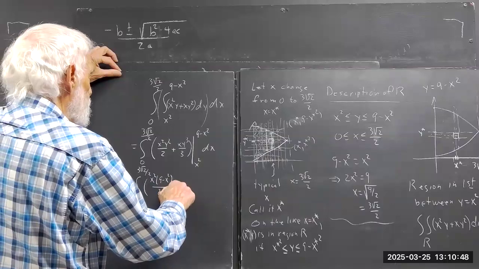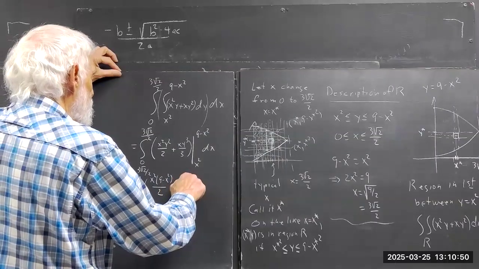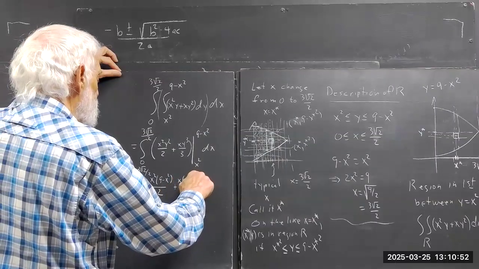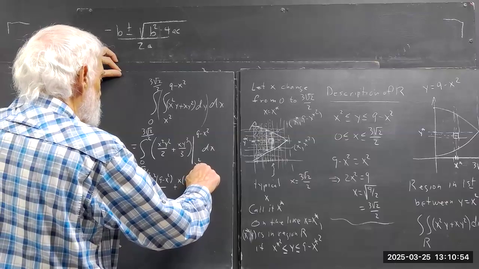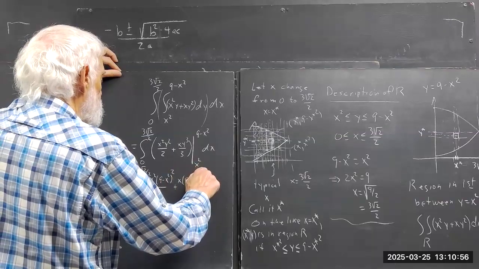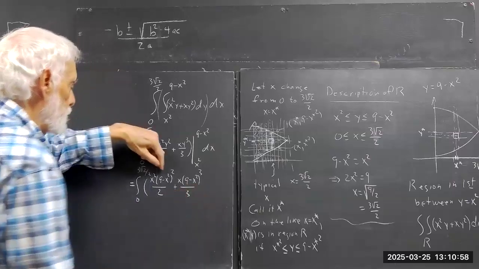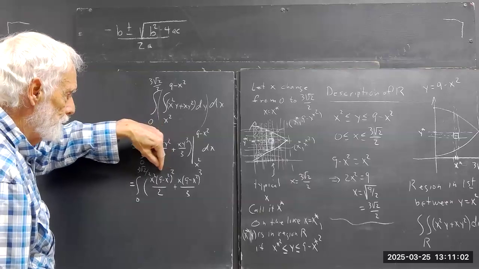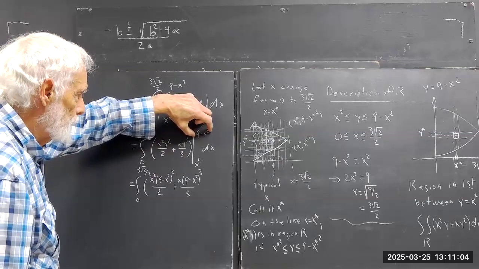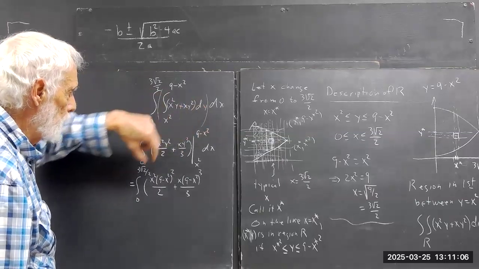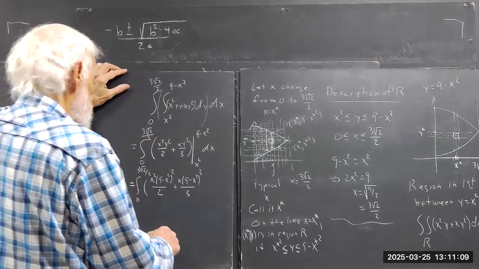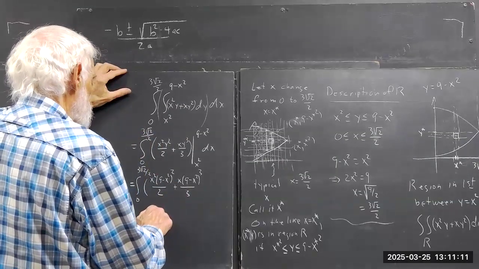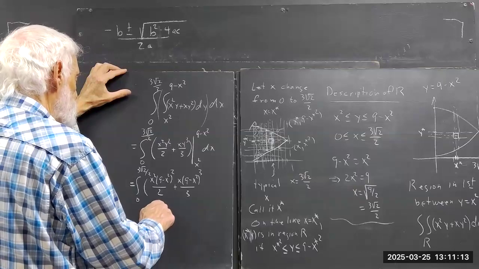Then I substitute y here to get x times 9 minus x squared cubed over 3. I forgot to put my square on this one. Okay. But we agree with 9 minus x squared in here for y, this is what I get. And then I'm kind of out of room, so I'm going to do minus.